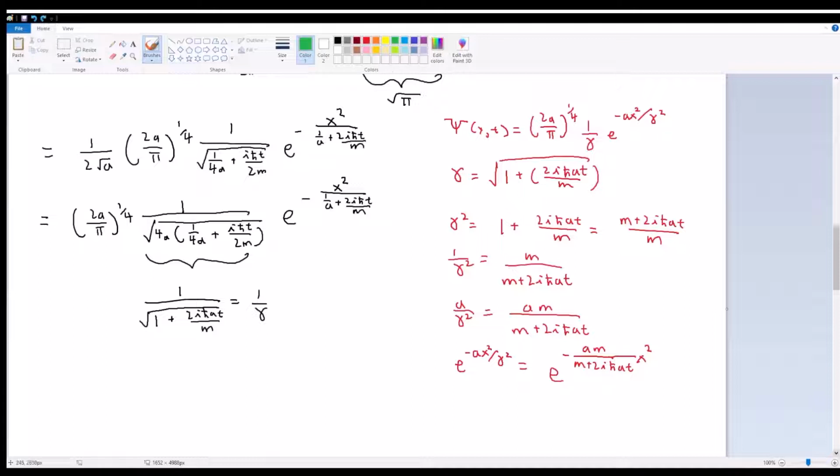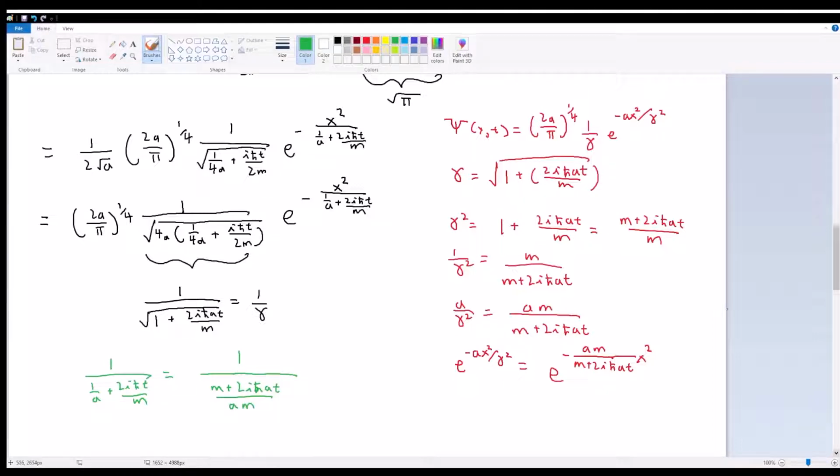So currently we have 1 over a plus 2i h bar t over m, and we're going to try to get it into this constant at the front here. So immediately I'm going to combine terms. This is going to give 1 over, and then let's see, what do we have? Multiply this side by m over m, and multiply this side by a over a. So we have m plus 2i h bar at over am.